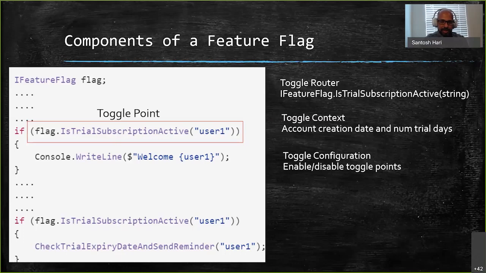You could have the database connection string in the toggle configuration. So it's very environment-specific values. It does not have anything to do with the actual context of the feature flag. So those are the four major points, and most of the feature flags you come across in this talk will have those at some level.